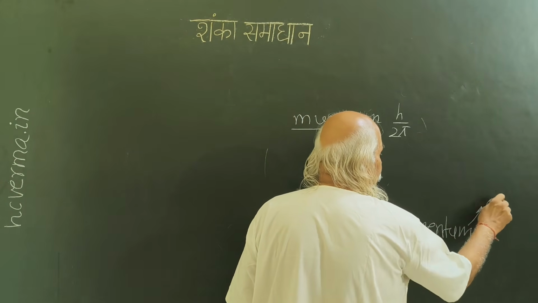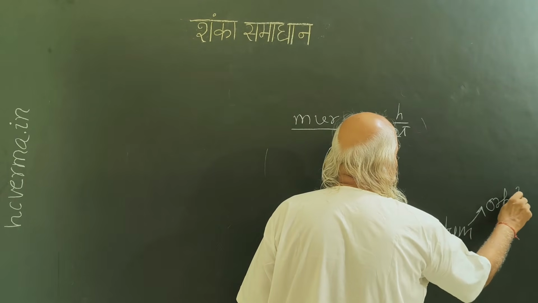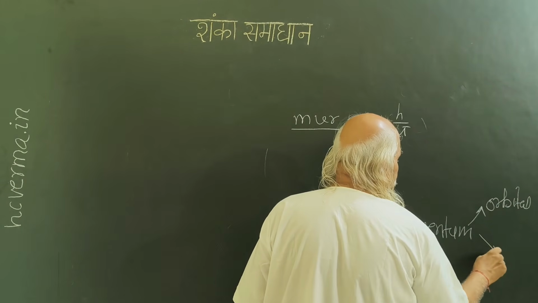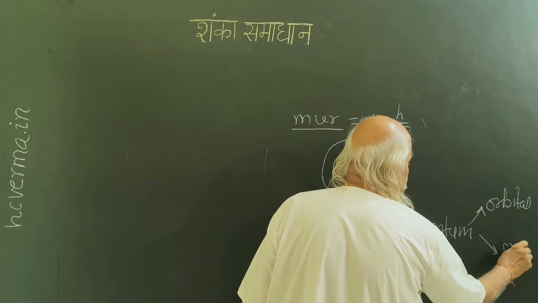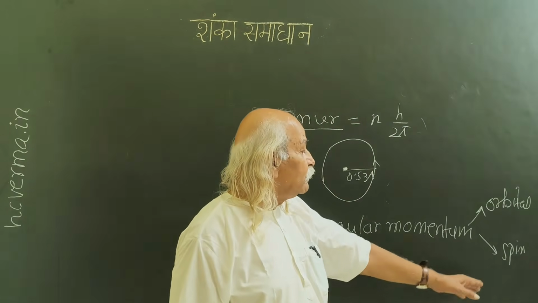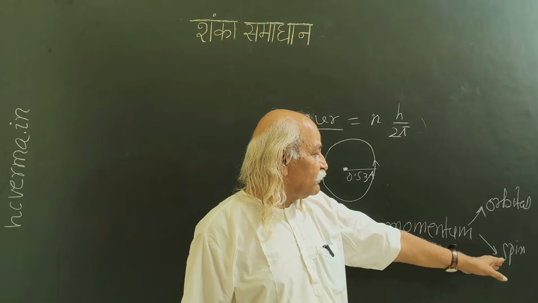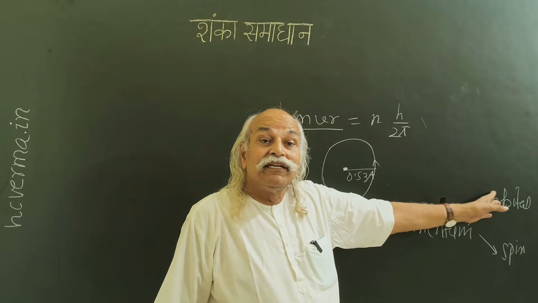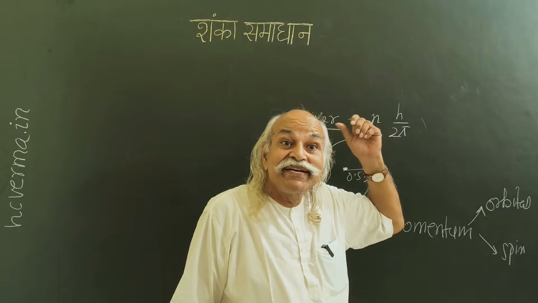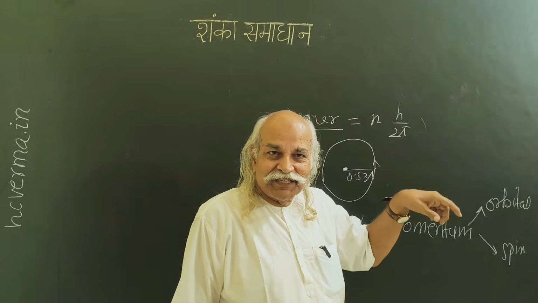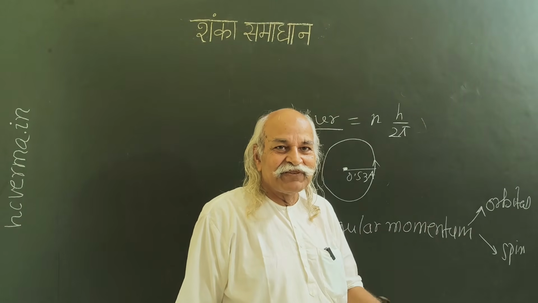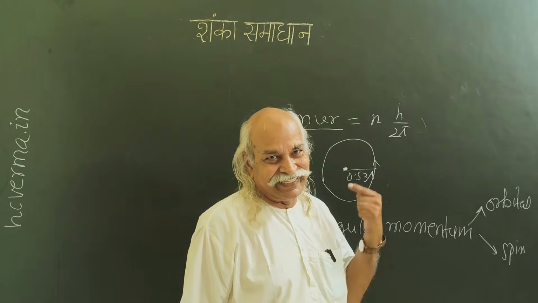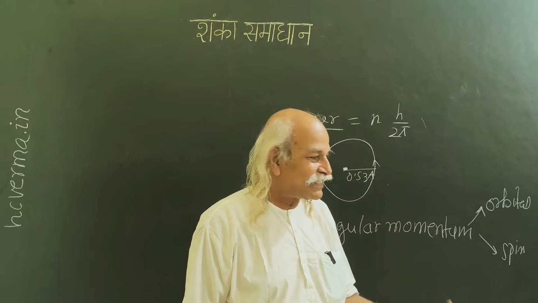One is called orbital and one is called spin. Once again, the words can confuse, because when we say orbital, somehow I have in mind an orbit. That's okay. Orbit is okay, orbital is okay, but not as a circle. That's the important part of the quantum mechanics.